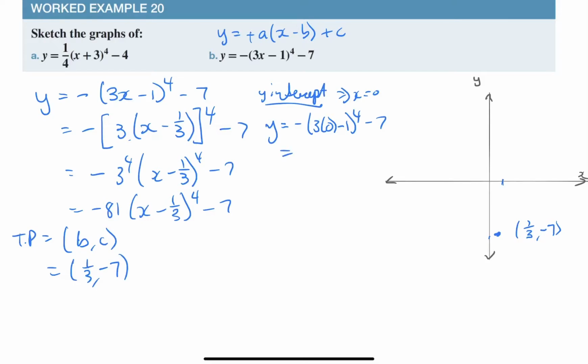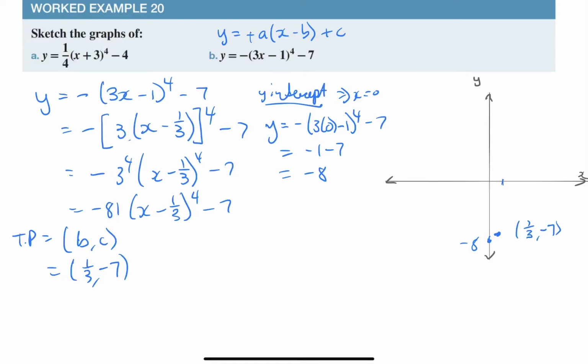If I look at this, 3 times 0 is 0, take away 1 is negative 1. Negative 1 to an even power is positive 1. That positive 1 times negative 81 is negative 81, take away 7. So my answer is negative 88. So my y-intercept is at negative 88.